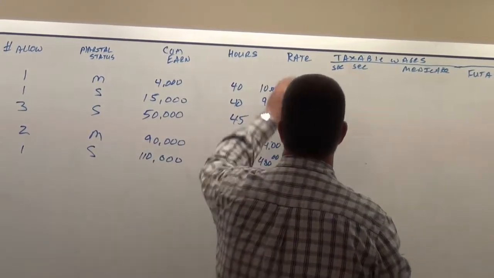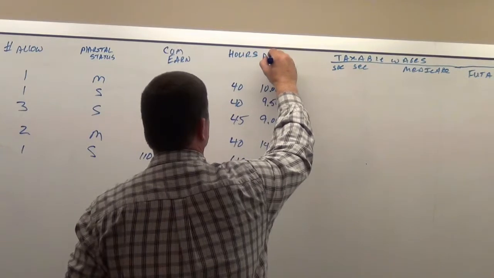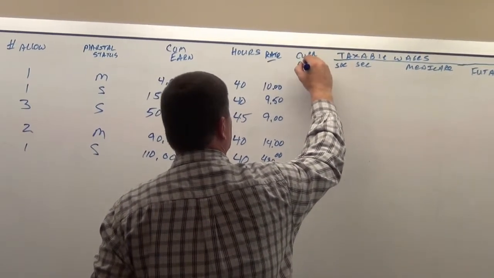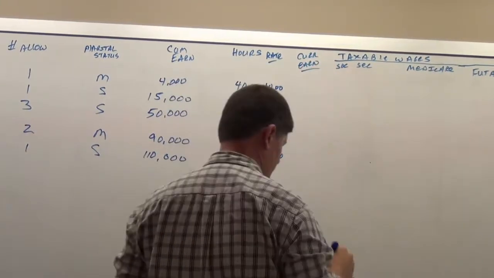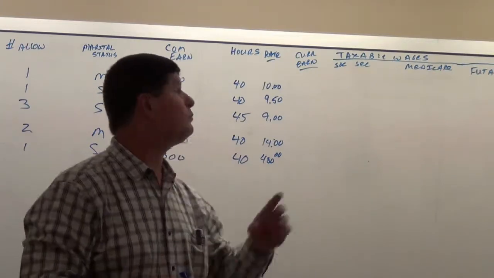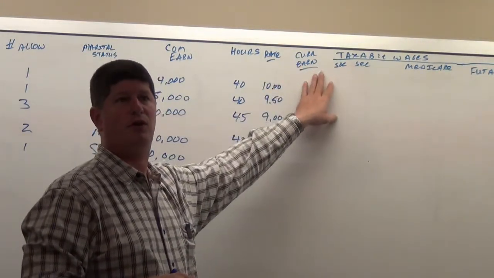So then I need current earnings. Okay? That's the same as gross pay. Yes, we could write gross pay in there, but it's the earnings in the current period.